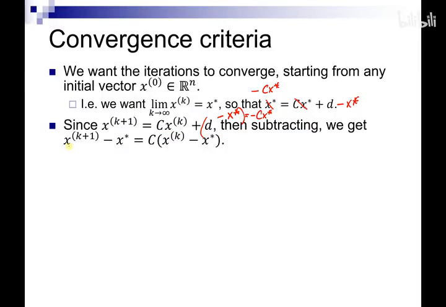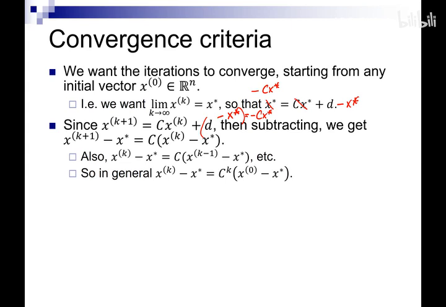So we have that the left-hand side, x of k plus 1 minus x star, equals C times x of k minus x star. This gives us a relationship for the convergence. We want these x of k's to eventually converge to x star.